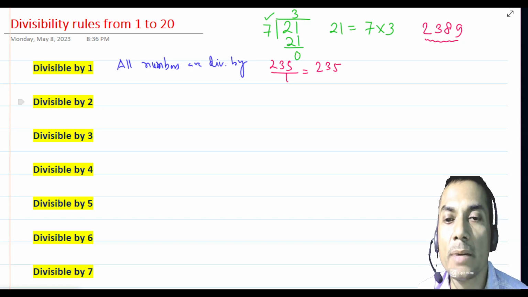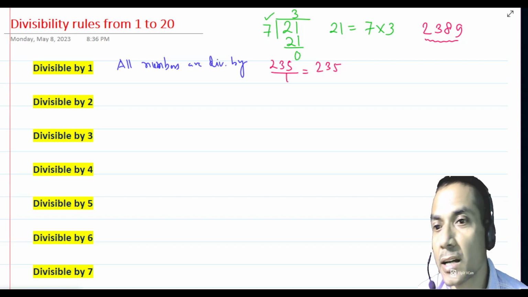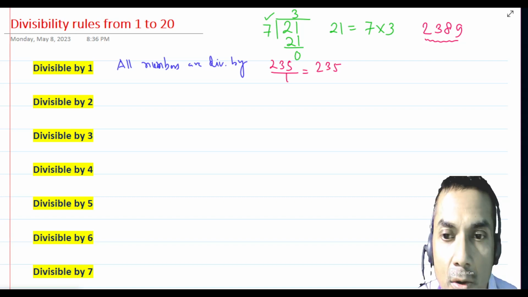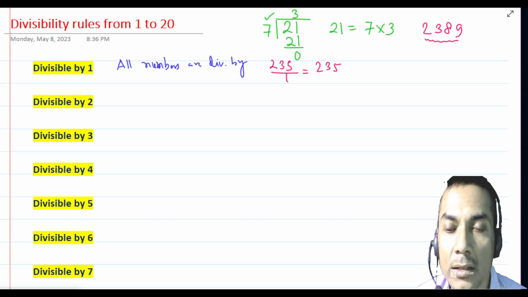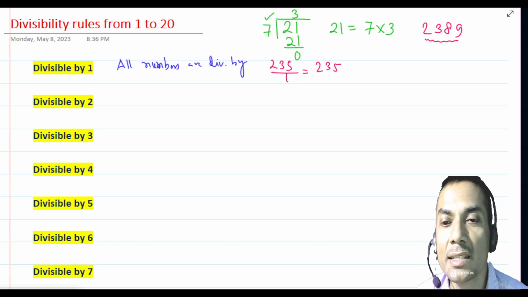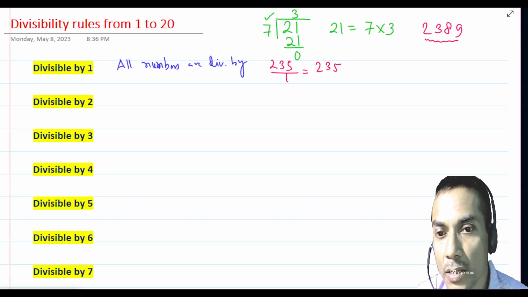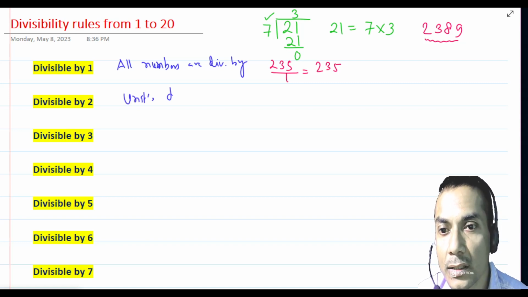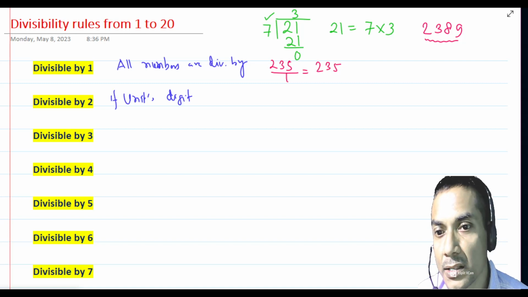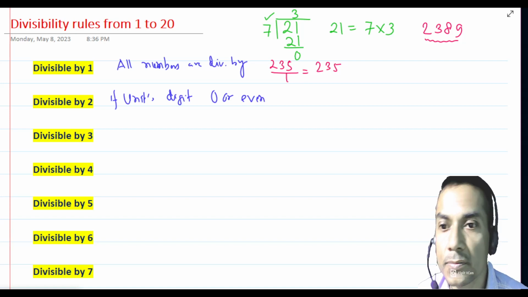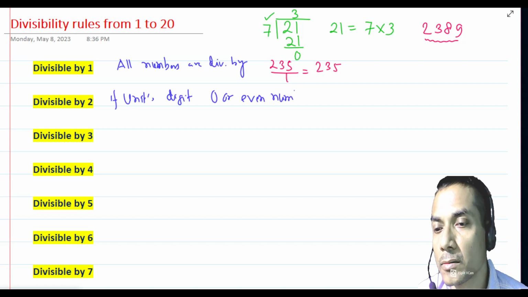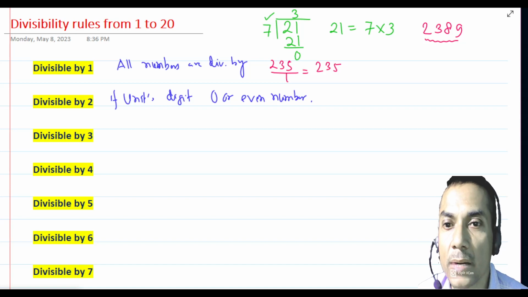Next is divisibility by 2. How can you check whether any large or small number is divisible by 2 or not? If the units digit is 0 or an even number, then it is divisible by 2.